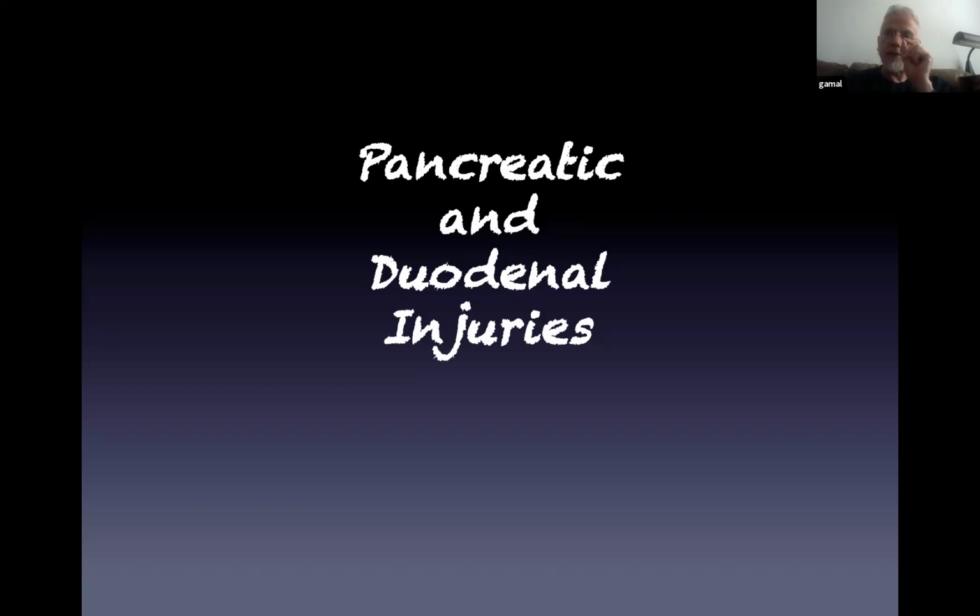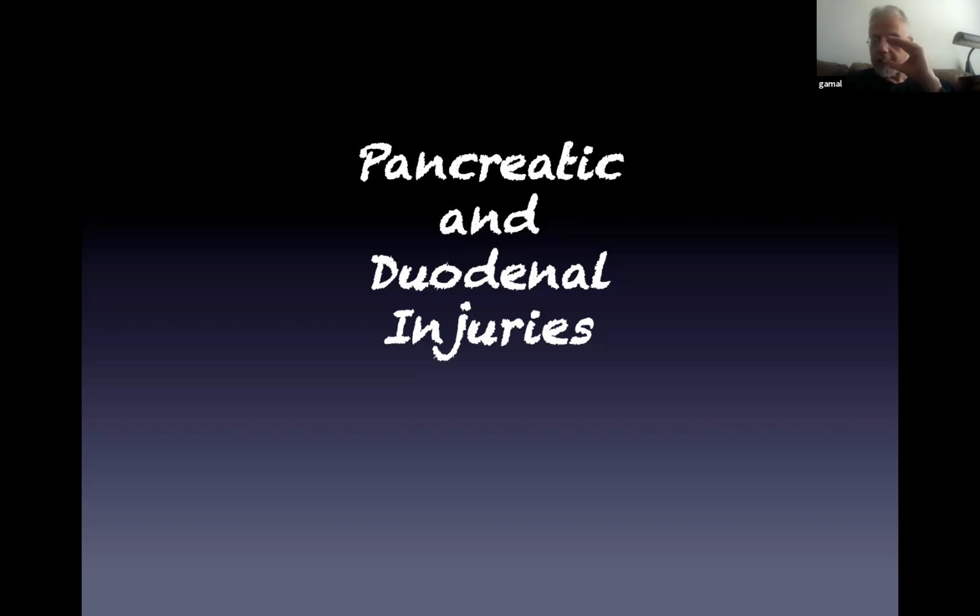of duodenal and pancreatic injury is the simple, basic anatomic fact that these two organs are retroperitoneal organs. So therefore, they do not show major physical and clinical signs initially on the evaluation, and the word initially should be highlighted because later on they will show clinical evidence of problems, and actually severe clinical evidence of problems.